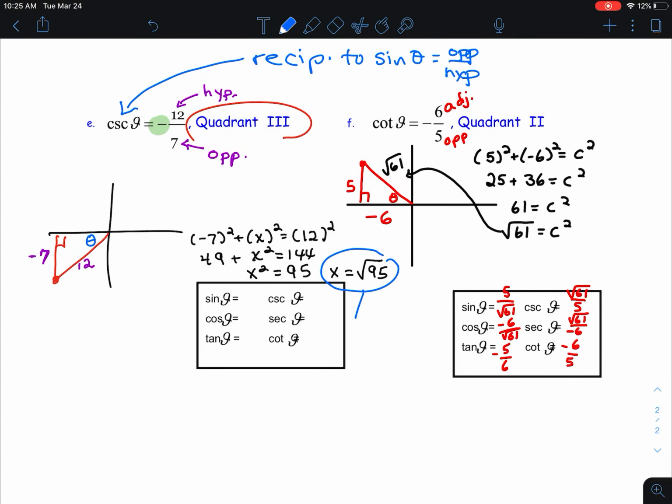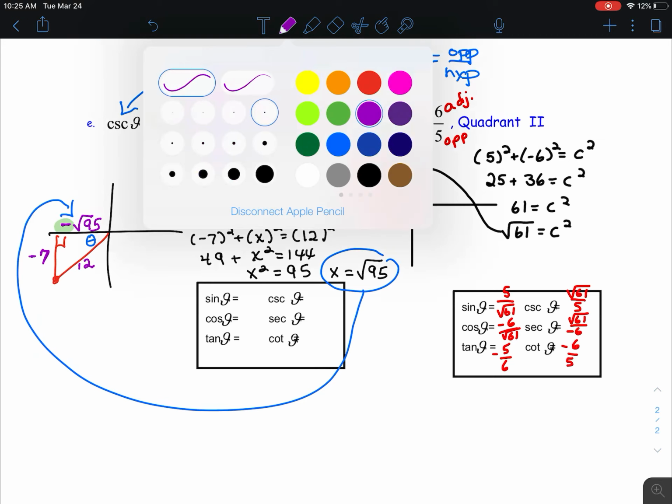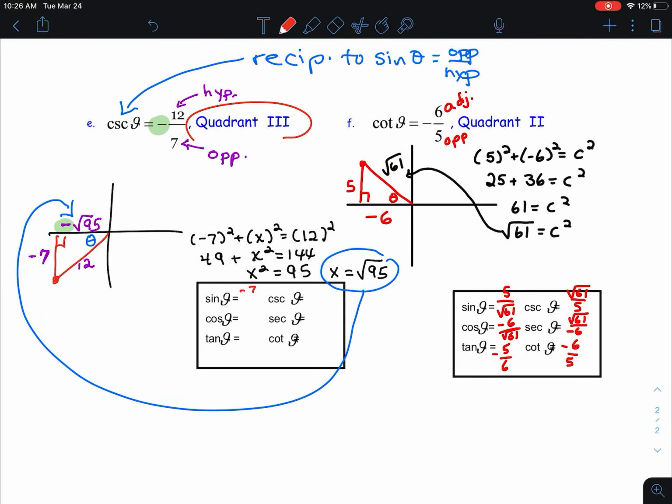Okay, however, when I come over here and I add it to the picture, I realize that that really should have a negative placed in front of it because this horizontal leg is sitting on the negative side of the x-axis. Okay, so you always compare the horizontal legs to the x-axis and the vertical legs to the y-axis. Okay, and then we would set up our fractions as we have been here. So I will just give those to you so that you have those.